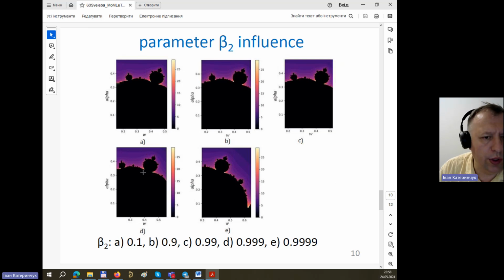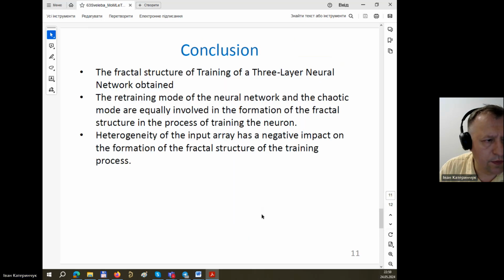At beta 2 equals 0.999, figure D, a change in the smallest details of the fractal structure begins to be traced, namely the spatial areas of their existence begin to increase. A further increase of the parameter beta 2, figure A, leads to a more pronounced picture of such change.